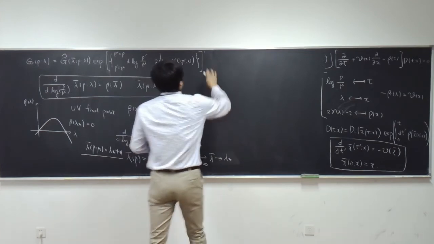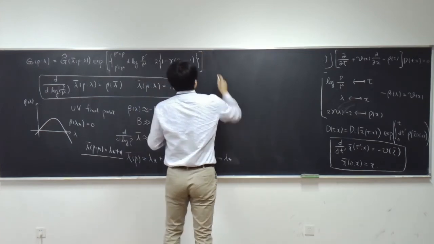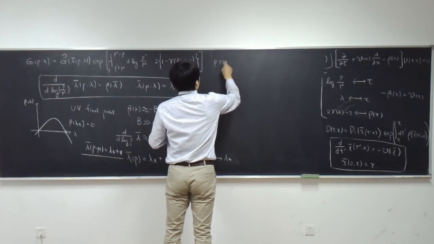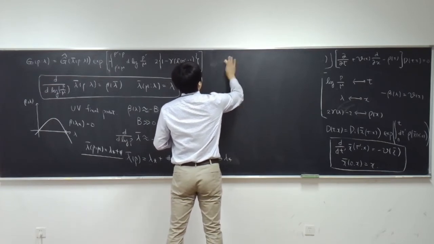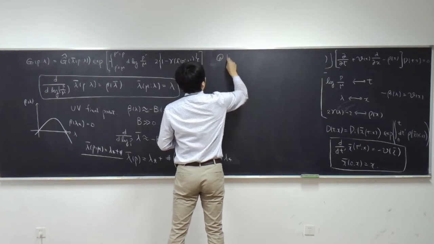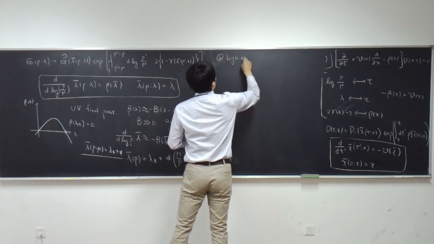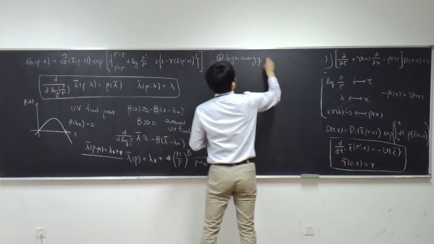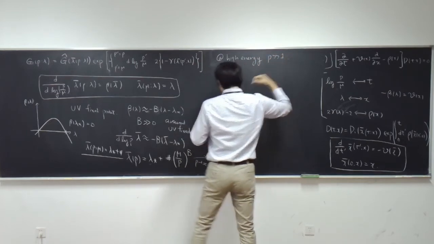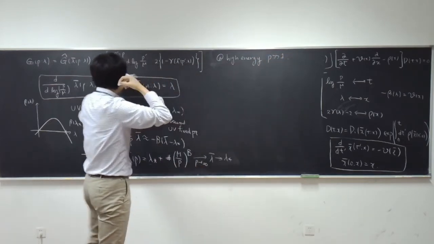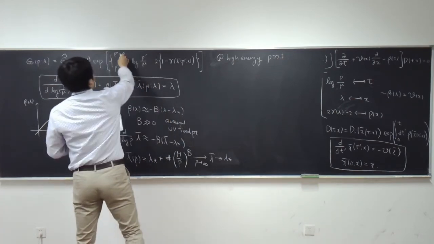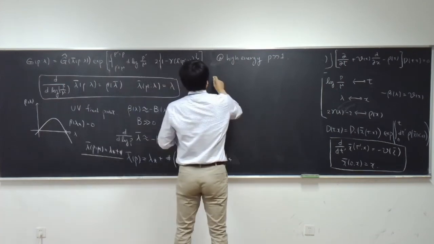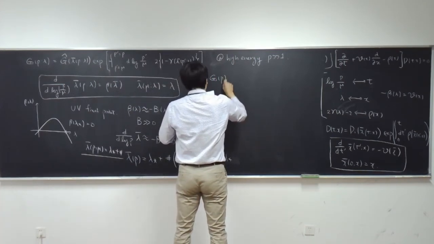If P is really large, if P is very big, at high energy, this solution, this equation is essentially dominated by this factor, so that G2 of P has the following form.